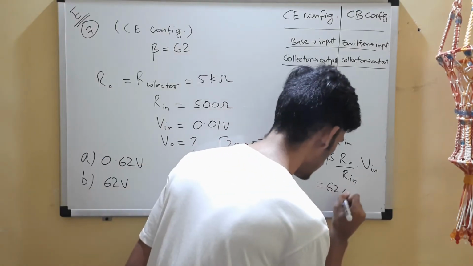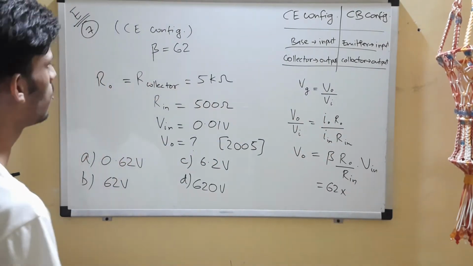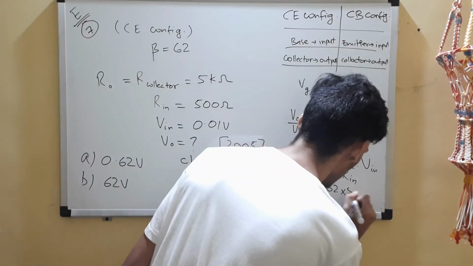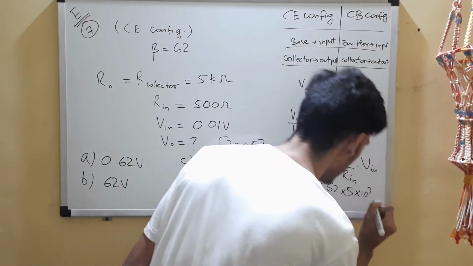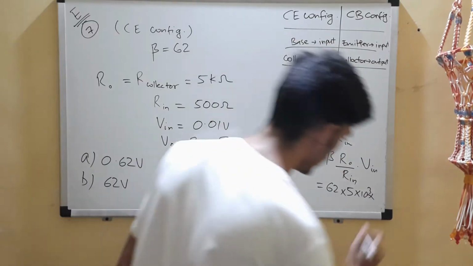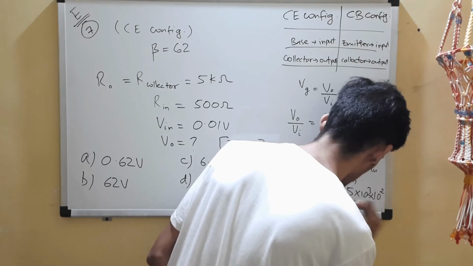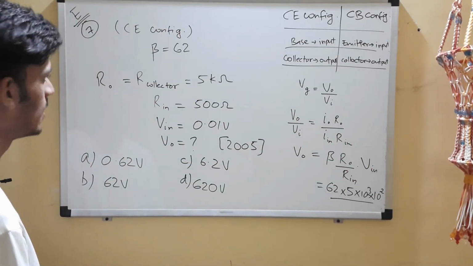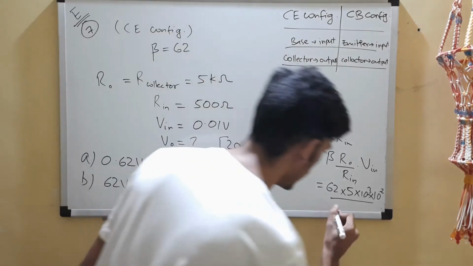So the values are 62 into output resistance, the resistance of the collector, okay? So that is 5 into 10 to the power 3 into input voltage 0.01. I can write it as 10 to the power minus 2 divided by the input resistance. Input resistance is 500.